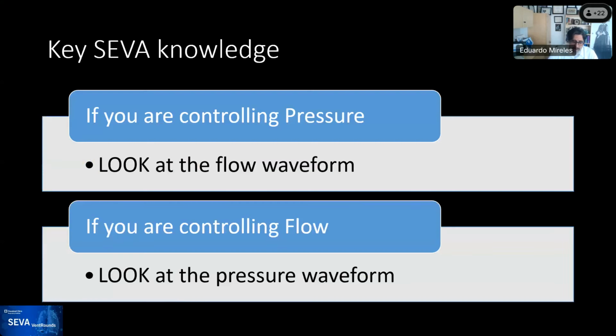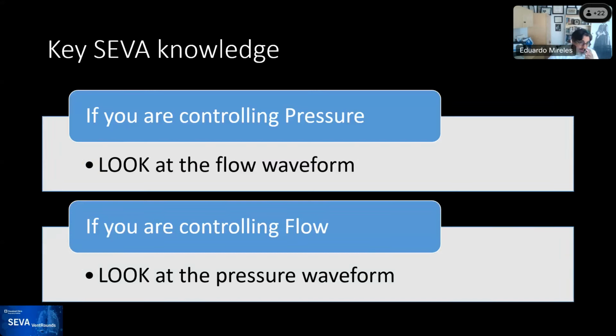So the key SEVA knowledge, as you know, we always start with a simple key rule for all of you to remember as you're reading these waveforms. Waveforms on the screen will always show a little bit of abnormalities everywhere. But the key is that you learn to focus your eyes on what the ventilator is controlling.